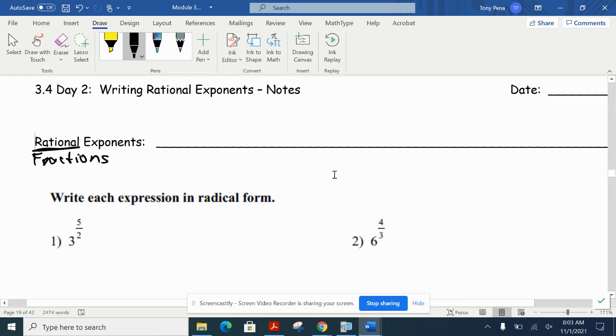So what I'm going to have you write up here: rational exponents. How do I write this? Fraction exponents.